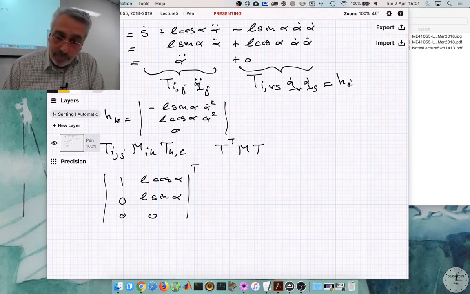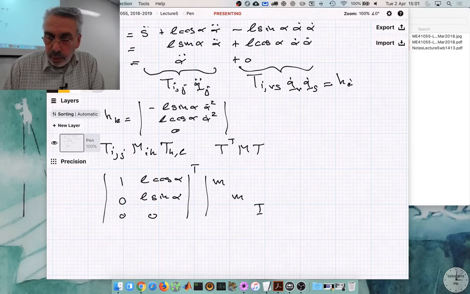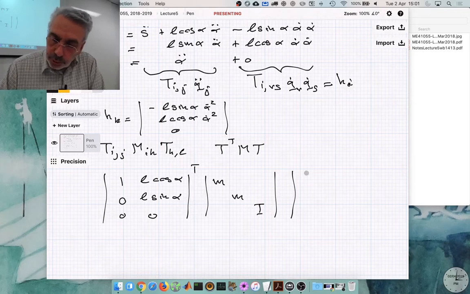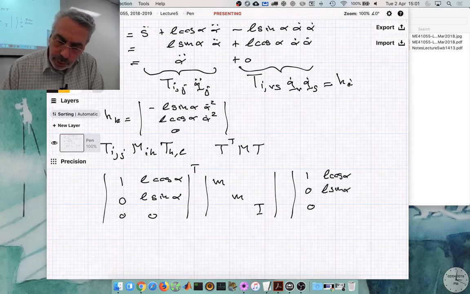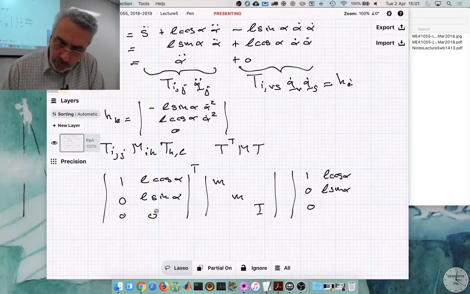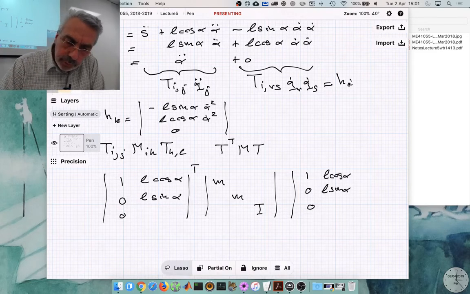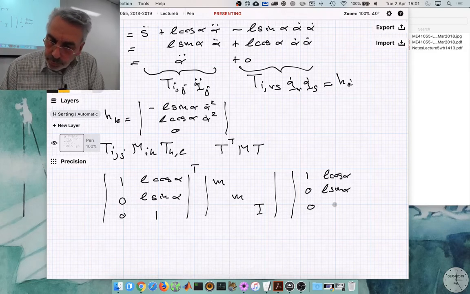Then we have this mass matrix, M, m, I, and then we have to put the transformation matrix here: 1, L cosine alpha, 0, 1, L sine alpha, 0. This should be a 1, this guy. 1, 0, 1.